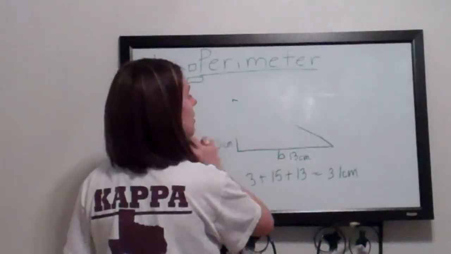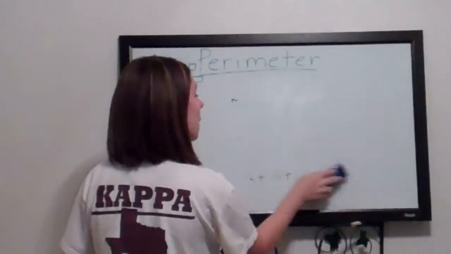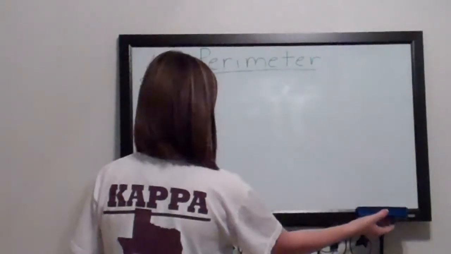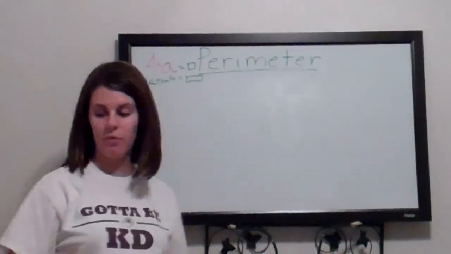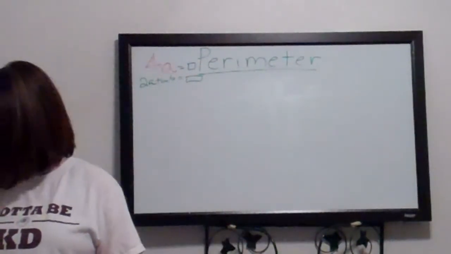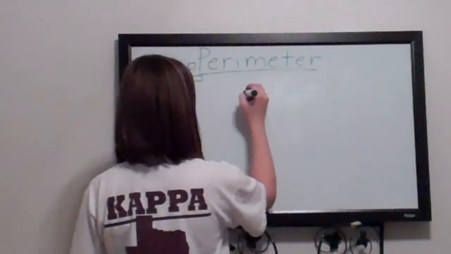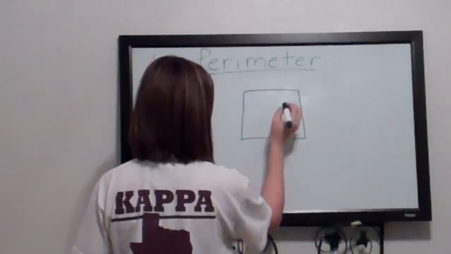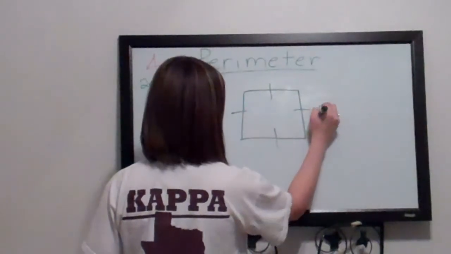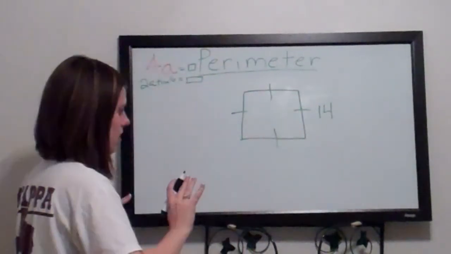Okay, let's see if I can be more careful this time. One more, before our board decides to stop working. Let's do the easiest, a square. All the sides have the measure of 14.